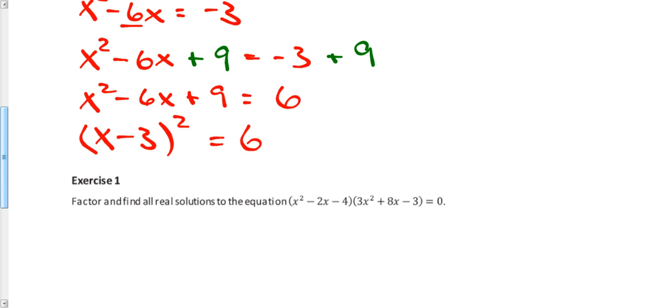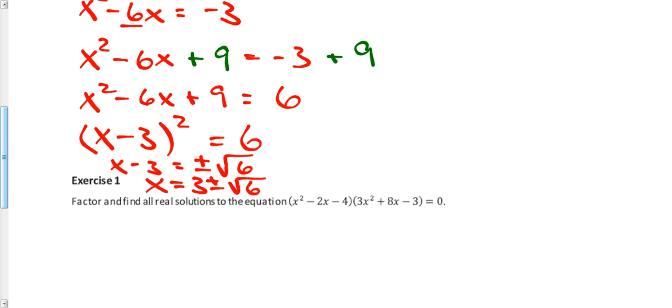If I take the square root of both sides, then I get x minus 3 equals plus or minus the square root of 6, do I not? And then I solve for x by adding 3 to both sides. So I got x equals 3 plus or minus the square root of 6.